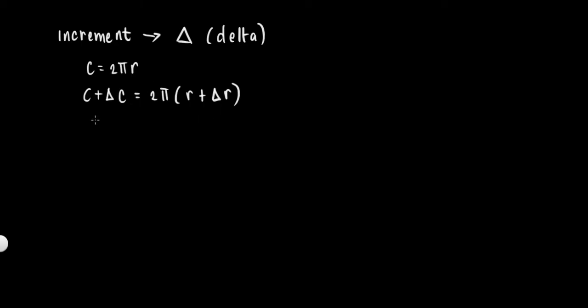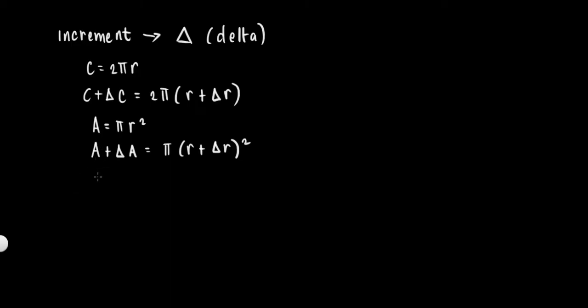For the area of the circle, we have A equals pi r square. So for every change in r, there is a change in A. So we write A plus delta A equals pi times r plus delta r squared.